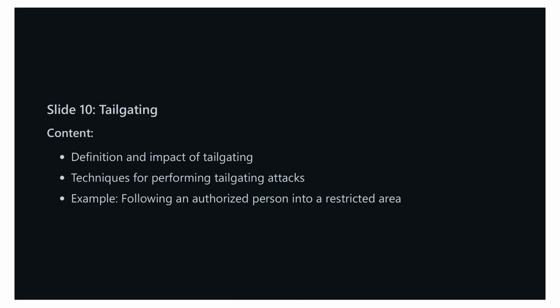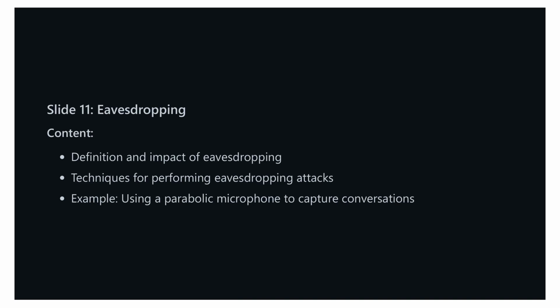Stay tuned for that. Continuing from our discussion on tailgating, let's delve into another significant security threat: eavesdropping. Slide 11 focuses on eavesdropping and its implications. By definition, eavesdropping refers to the unauthorized interception of private communication. The impact of such activities can be profound, leading to the leakage of sensitive information, identity theft, and other severe security breaches.